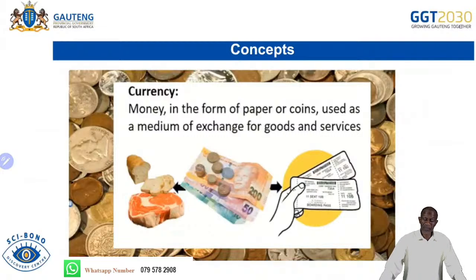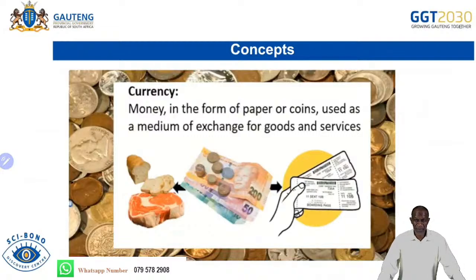The first concept that you need to understand takes you to grade 11. This chapter, remember, comes from grade 11 and it's consolidated. It builds up into grade 12 content. So currency is a concept that refers to money in the form of paper or coins used as a medium of exchange for goods and services.